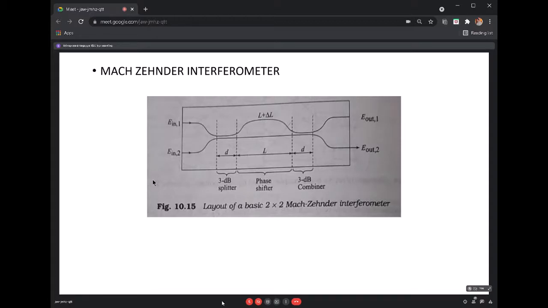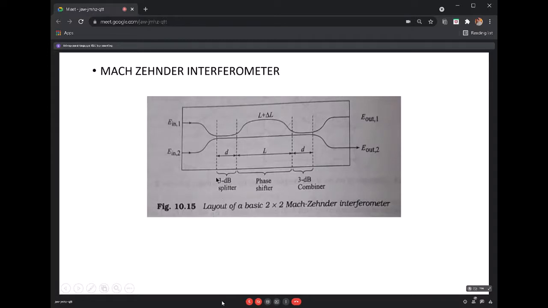So here we'll look into the passive multiplexer. The MZ type basically consists of 2 cross 2 couplers. In this diagram, it shows a 2 cross 2 Mach-Zehnder. It consists of 3 stages. So which are the 3 stages? An initial 3 dB splitter, or a directional coupler.